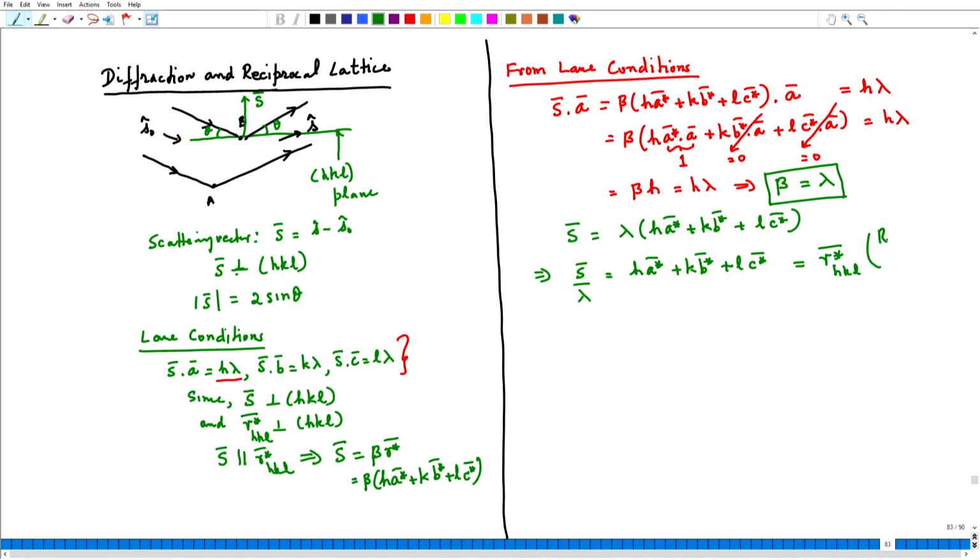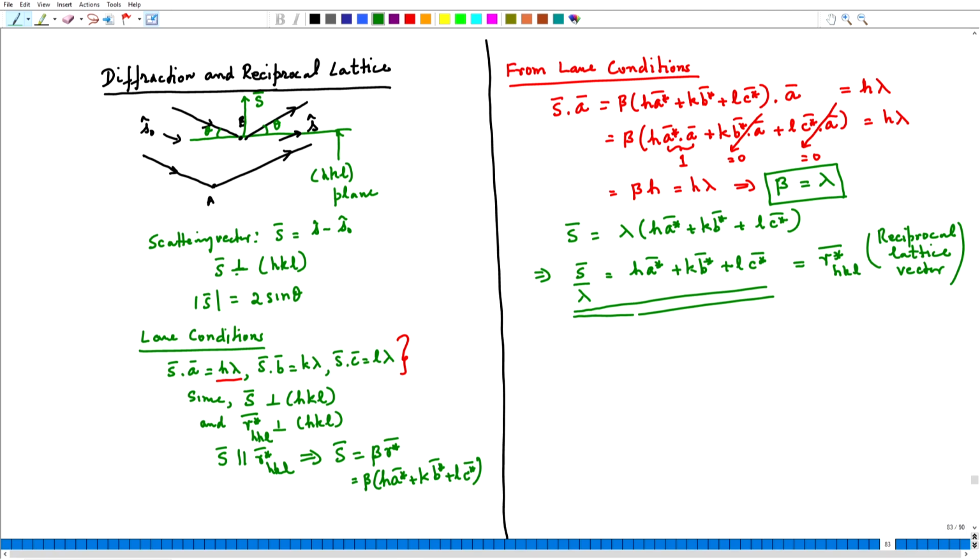So, this is the reciprocal lattice vector. Now, this actually is another formulation of the diffraction condition.